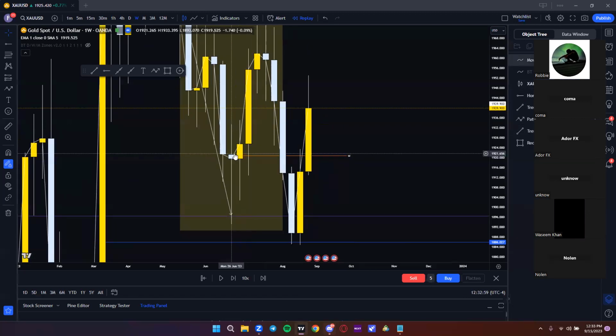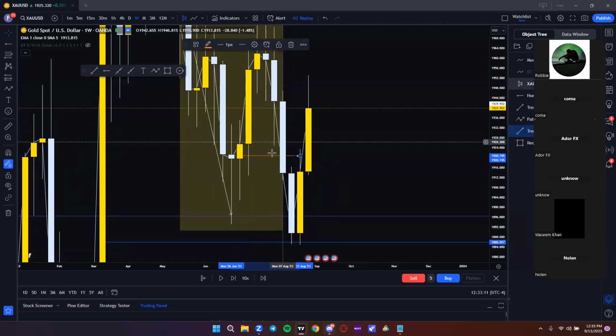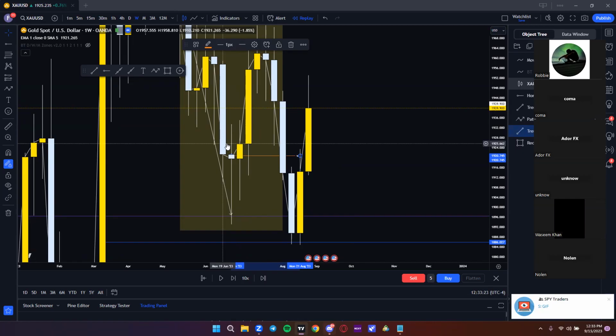Confirmed meaning a type 1 level being rejected right here. This candle confirms this level. It means that when price comes back into it, we can start looking for a trade at this level. Confirmed just signifies that this level is important, right?